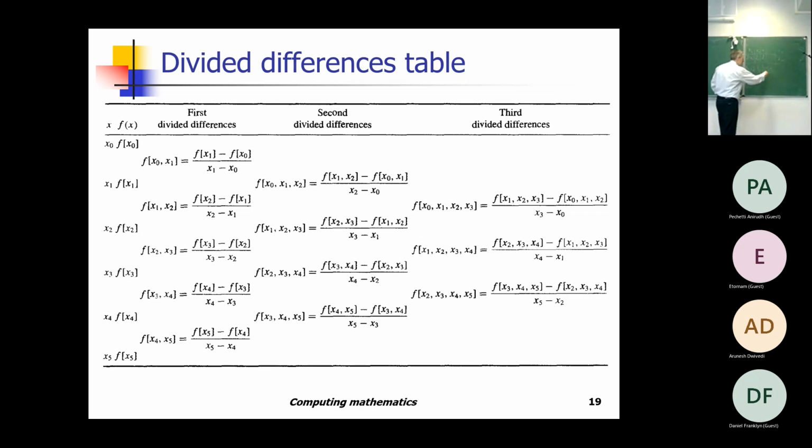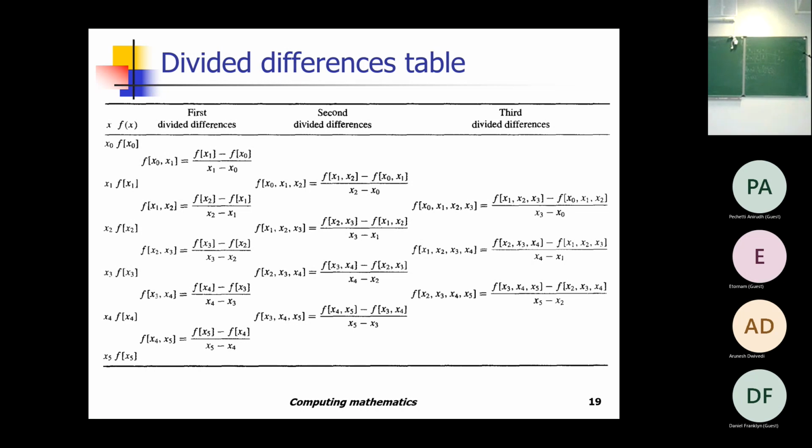And after that, using these divided differences, this one and this one, I can compute the next divided difference. This minus this, like written here.